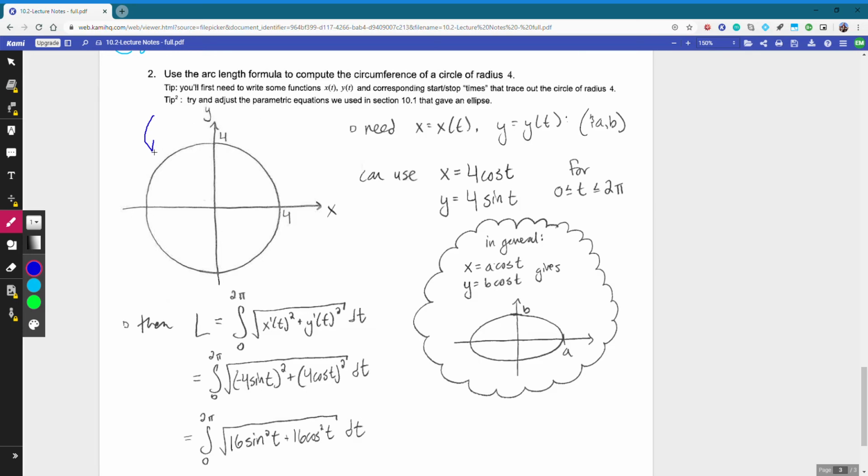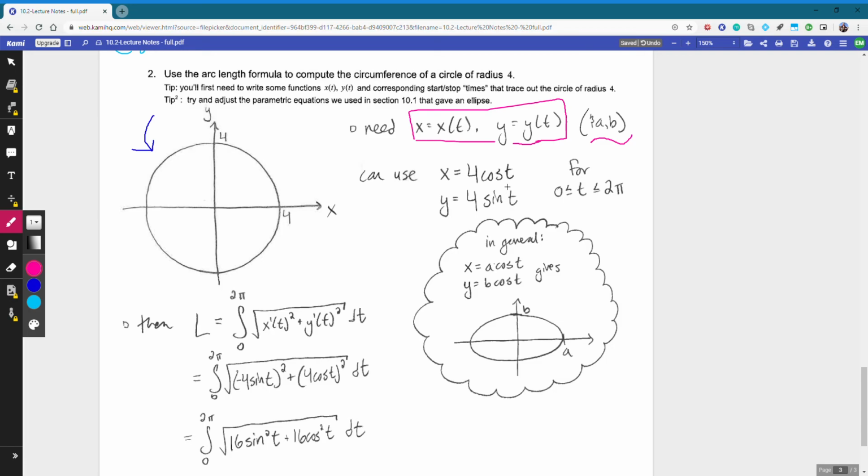Right? So something like this. And so, as we mentioned before, if we're going to use our arc length formula, well, we need our parametric equations for our curve, and we need our starting and stopping times for our parameterization.